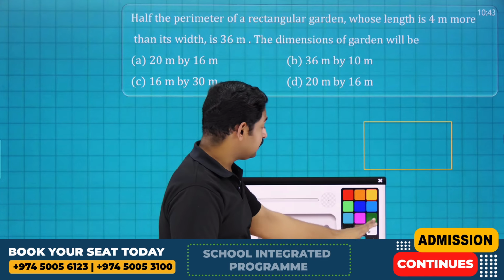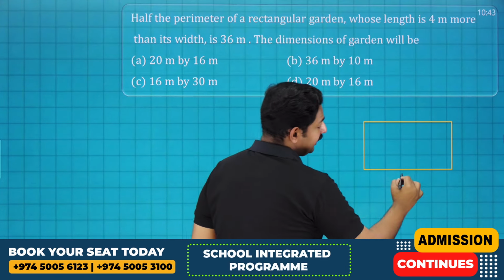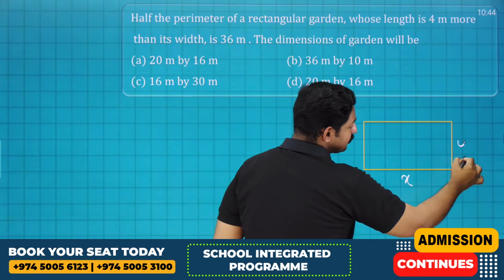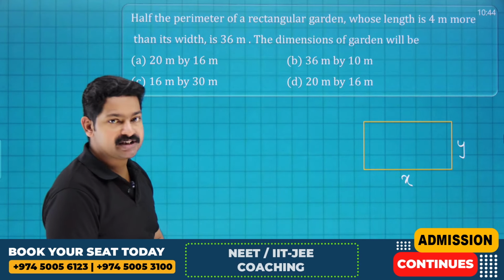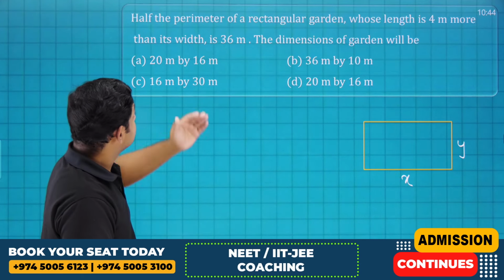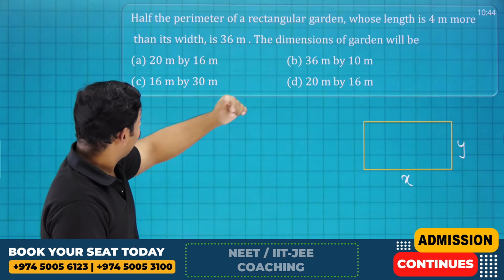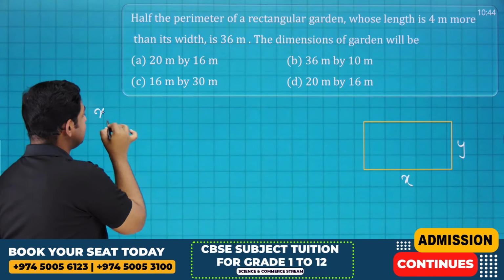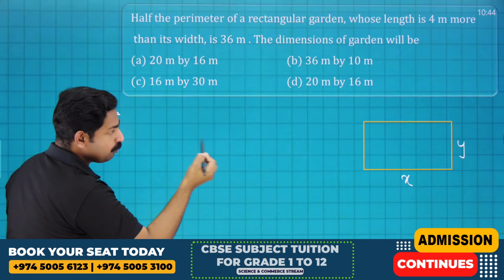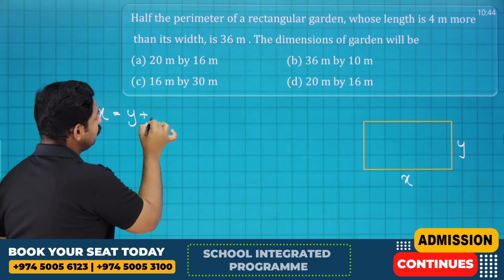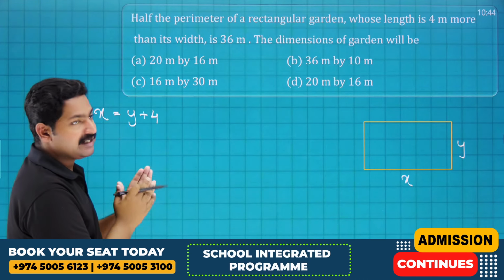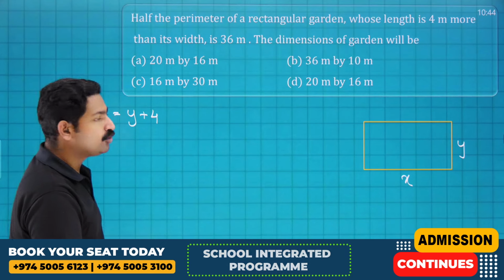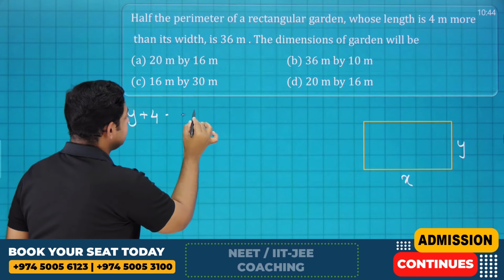First of all we can take the length as x and the breadth as y. Length is taken as x and the breadth is taken as y. Now it is given that the length is 4 more than its width. So x is equal to 4 more than its width, that is y plus 4. So this is the relation given, right? X is equal to y plus 4. It can be taken as equation number 1.